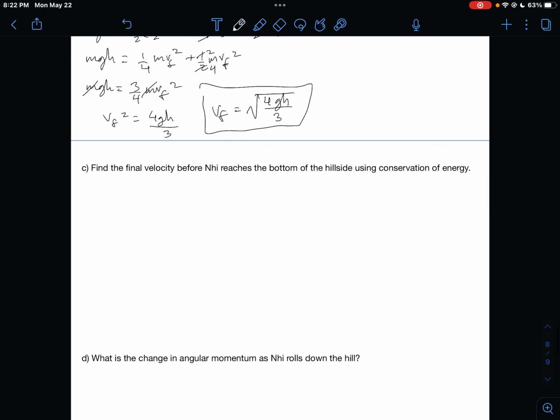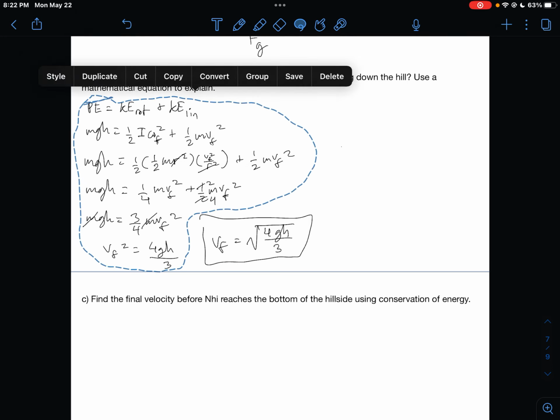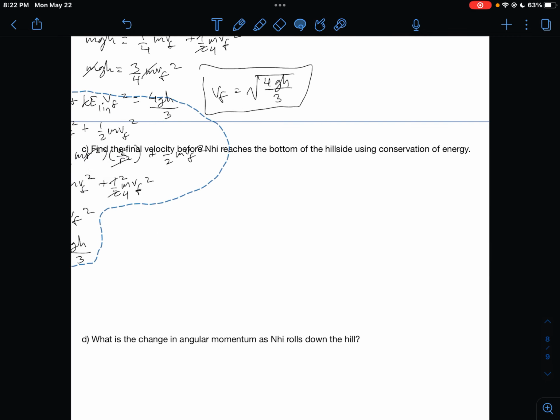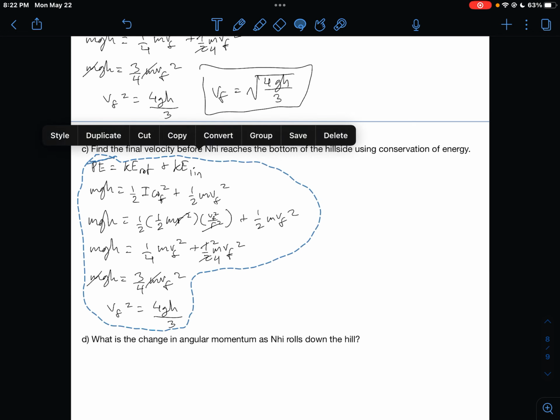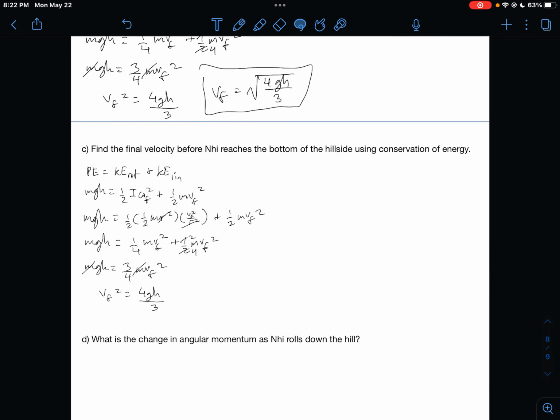For part C, I'm going to ask, find the final velocity before Yi reaches the bottom of the hill using conservation of energy. So to do this one, I'm just going to copy and paste this part right here. Okay, so then that's how I found the final velocity.